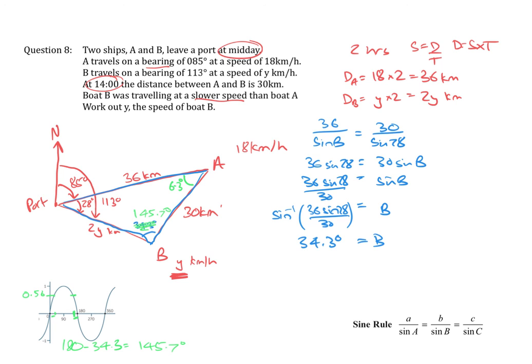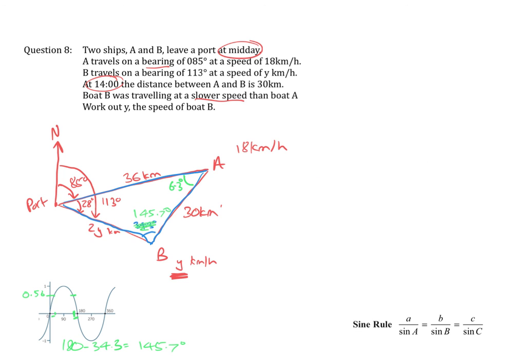I now have my final matching pair, this pair here, going with my original pair I will use. So it's time to use the sine rule again, and I'm going to form this. I'm going to have 2y over sine of 6.3 equal to 30 over sine 28. So that's this pair and this pair.